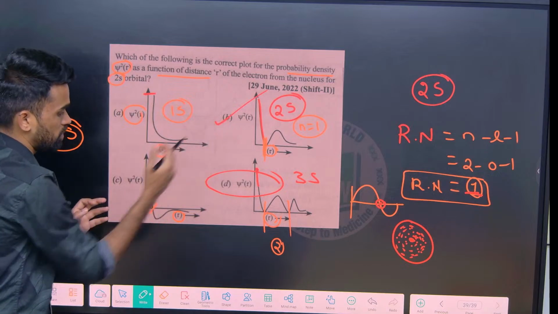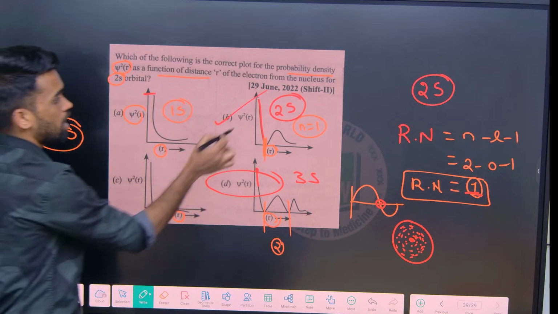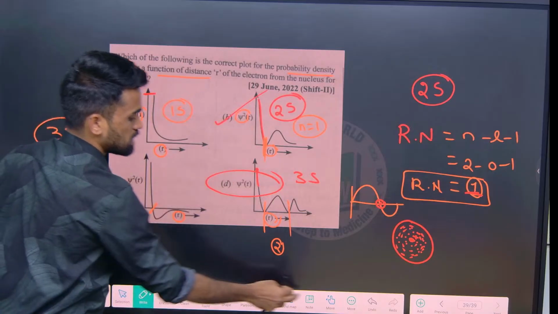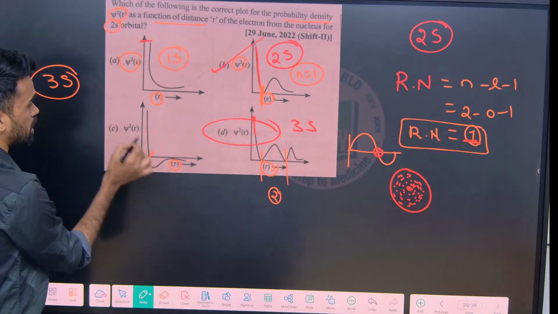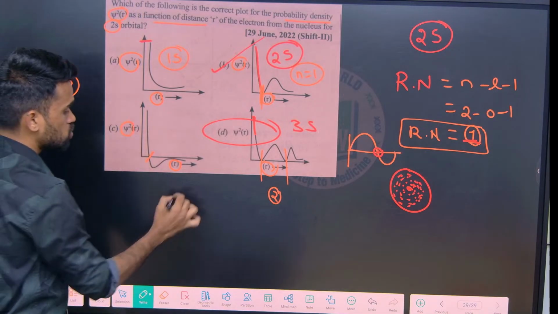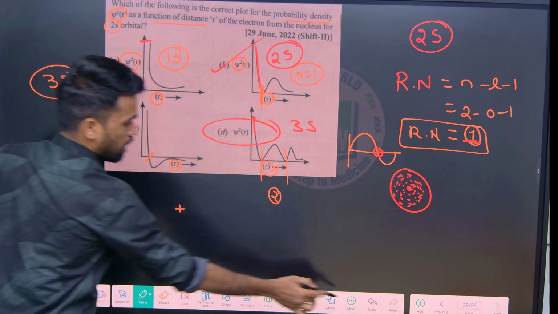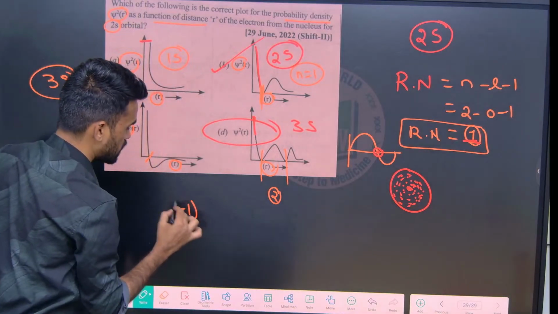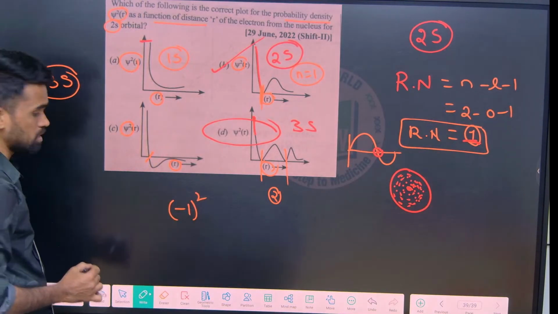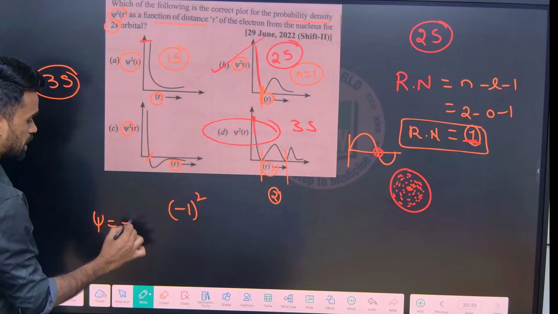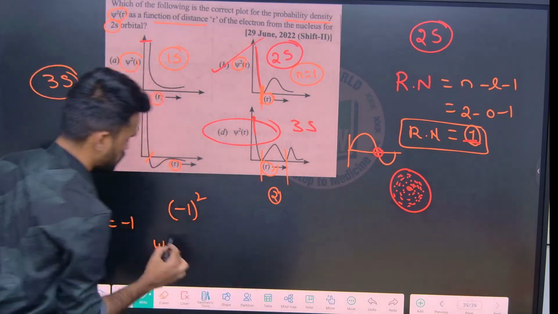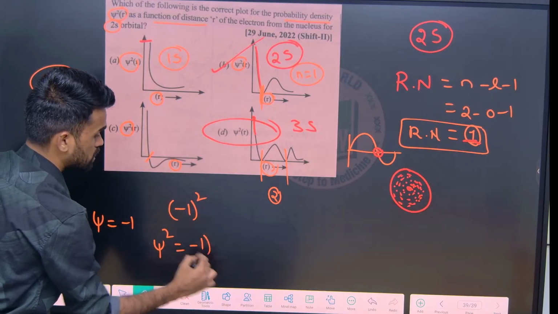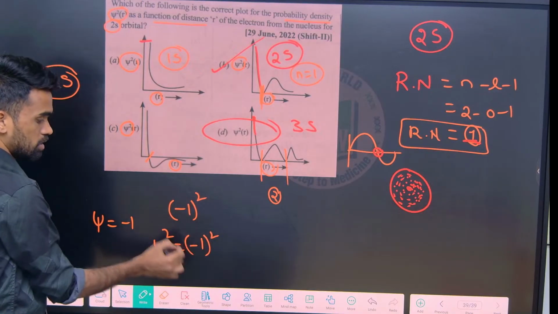See, they have taken the psi square graph. If it were the psi graph, this would be correct, but they are asking for psi square. Psi square means, for example, if psi is equal to minus 1, then psi square is minus 1 whole square, which is positive. It means psi square should all the time be positive only.